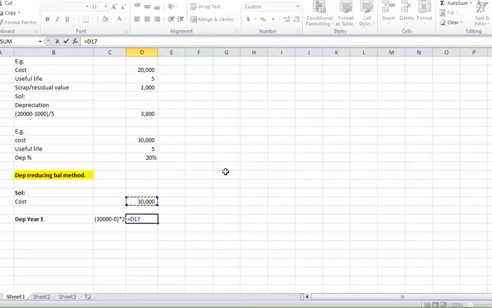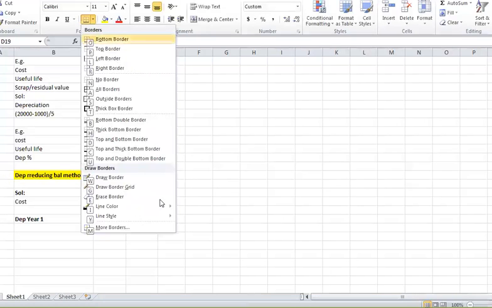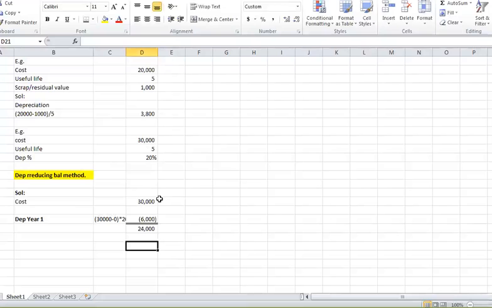When we take 20%, the answer is 6,000. When we deduct the depreciation from the cost, we have carrying value. So the carrying value of this asset is 24,000 pounds.